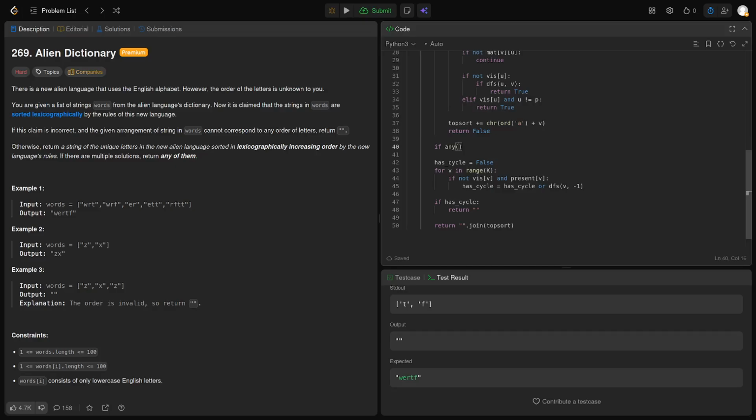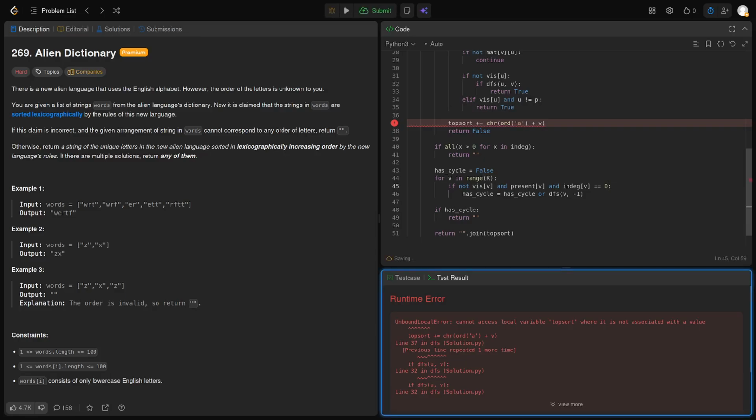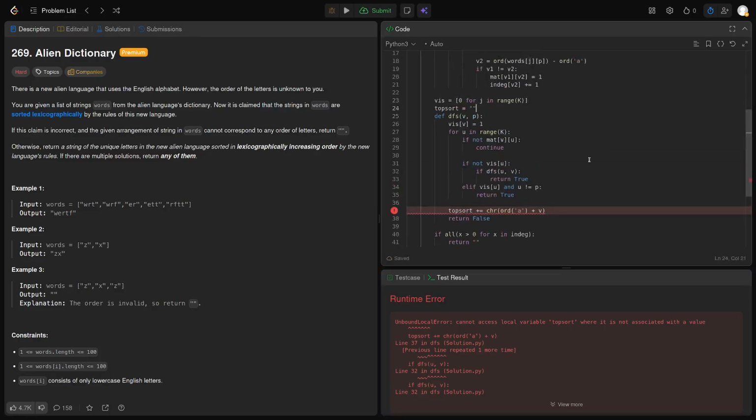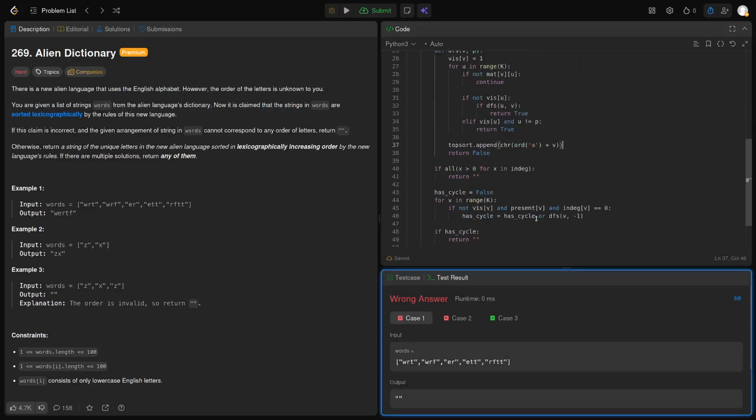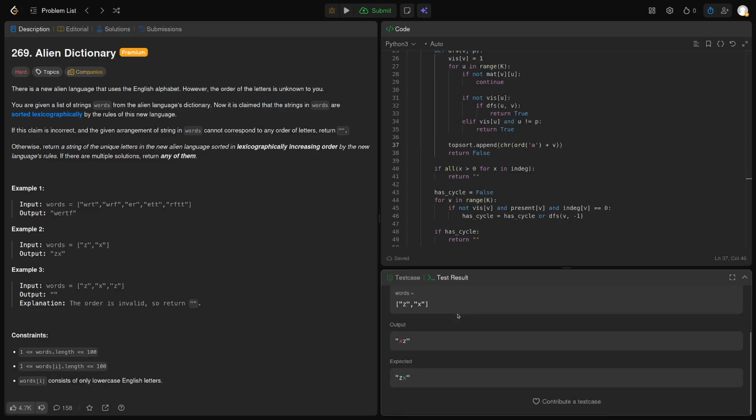If any, so that means that it's if all, and this is like x over 0 for x in index, return this, right? Otherwise, if it's not visited and present and in degree of vertex is 0, then we start from there. We cannot access top sort. Great. Awesome.